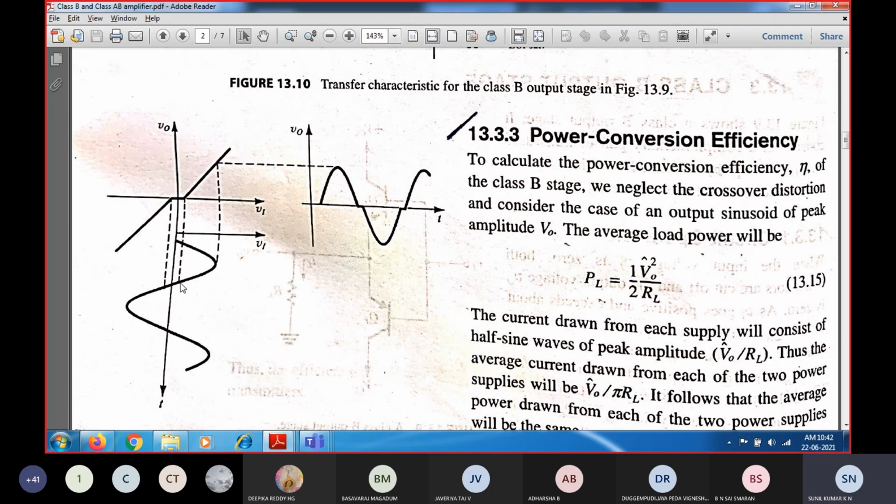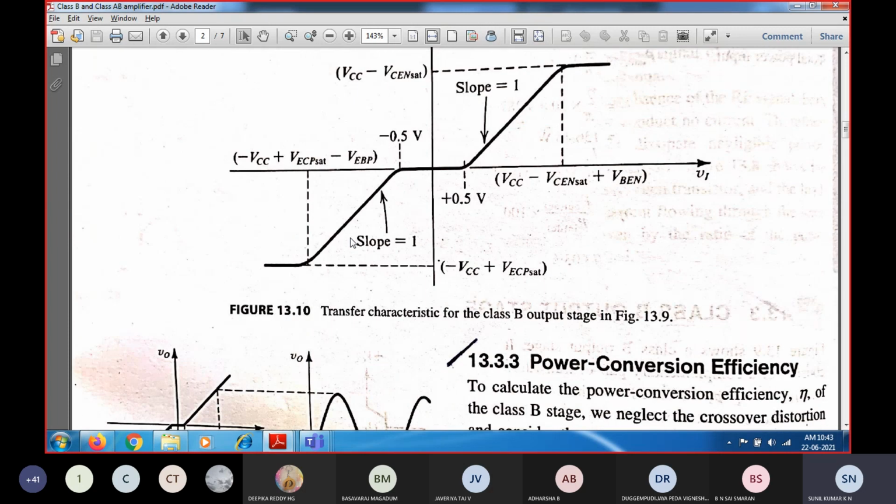After that, during this segment, you can see this is 0.5, from 0.5, 0.4, 0.3 to 0, 0, minus 0.1, minus 0.2, minus 0.5. So you can see the output is going to be 0. After that, again you can see an increase in the reverse direction. So this is the curve we can see. So this is the limit of crossover distortion. So from 0.5 to minus 0.5, for any given input there is no output, and that is called a dead band.